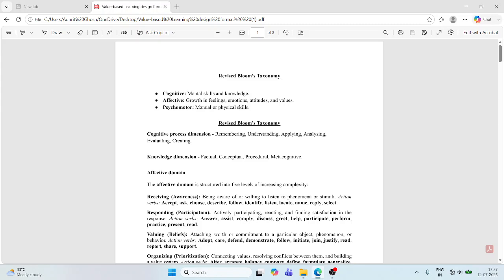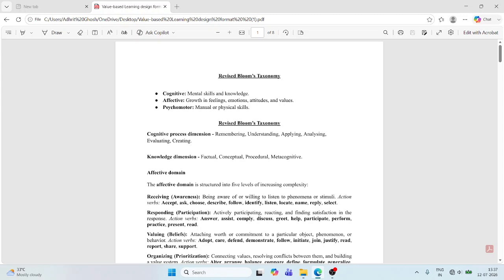Before I start explaining the design or how to write the design, I should recapitulate the revised Bloom's taxonomy to all of you. As we all know, Bloom's taxonomy as well as revised Bloom's taxonomy both have three domains: cognitive, affective and psychomotor.